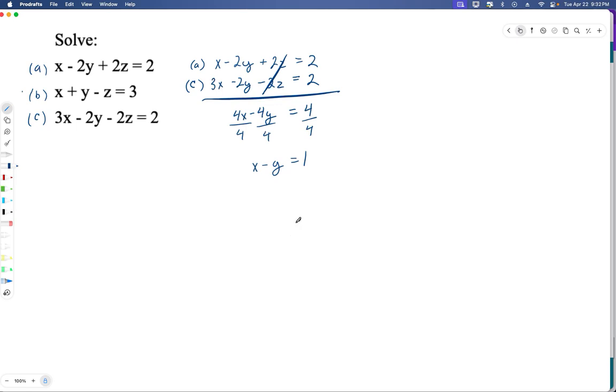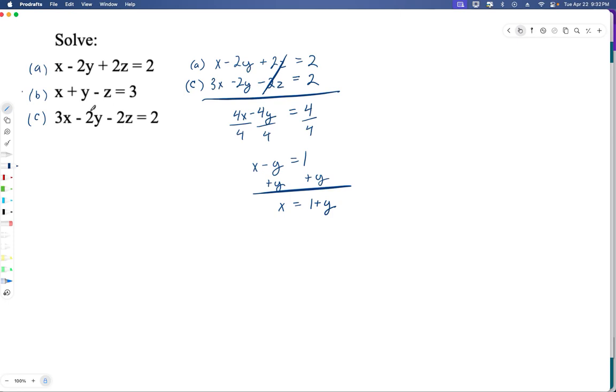So there we go. So now we could add y to both sides and find that x is equal to 1 plus y. Now we have a substitution value that we can use for other things. It's just going to be a substitution value that we can use later.